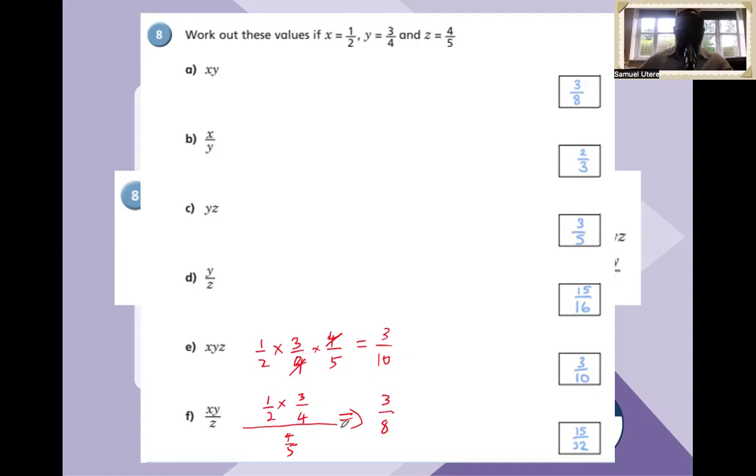Remember, this line represents division, divided by 4 over 5. Now remember that dividing by a fraction is the same thing as multiplying by the reciprocal. So this becomes 3 over 8 times 5 over 4. So you can see why your calculation will be 15 over 32. And you can see it right there.